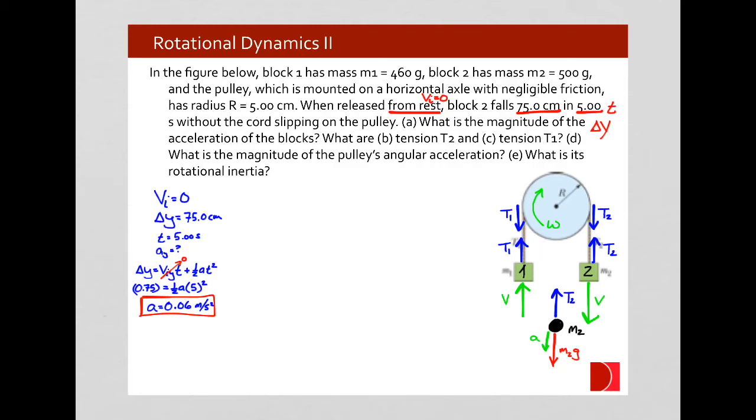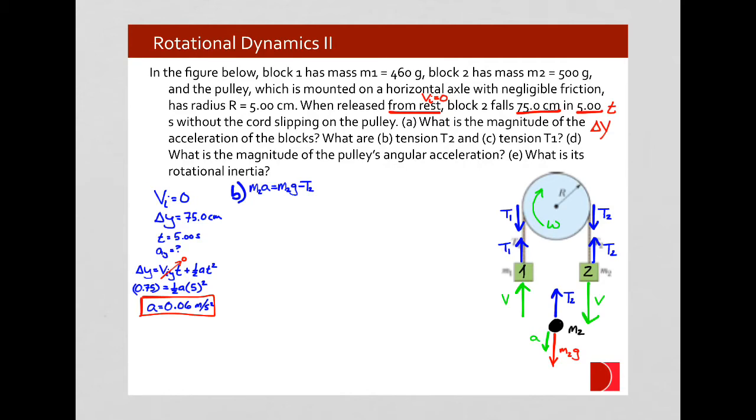So in this case, if we orient our axes downward, we'll see that the mass times acceleration is caused by gravity, and T2 is acting against that.